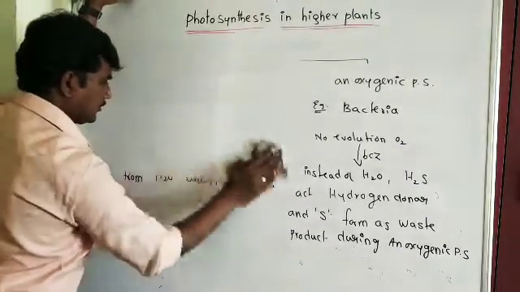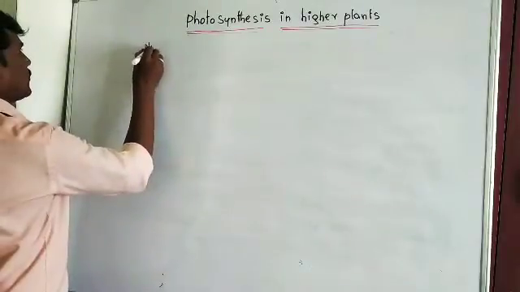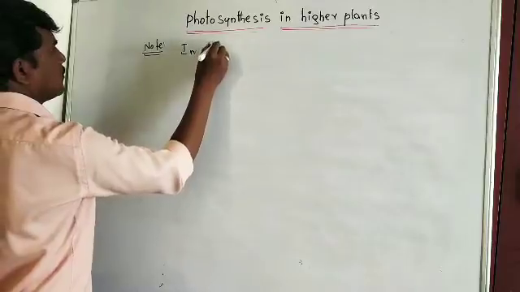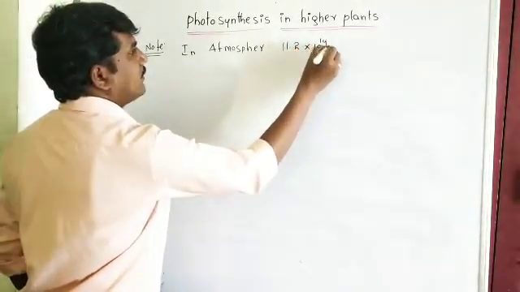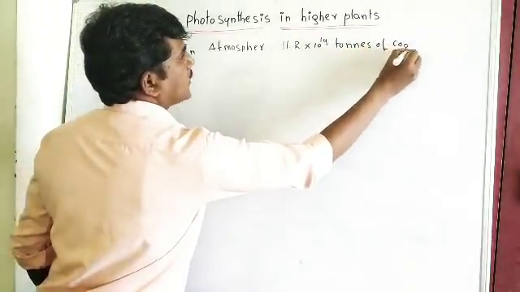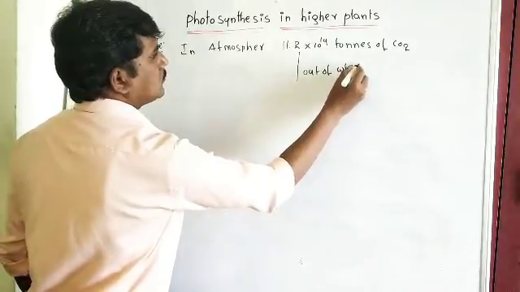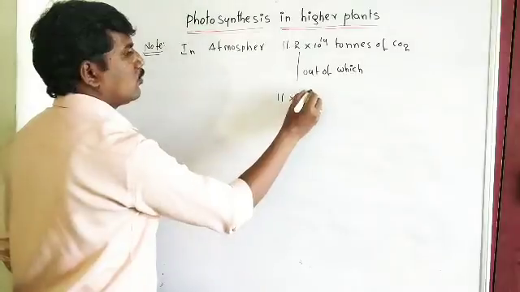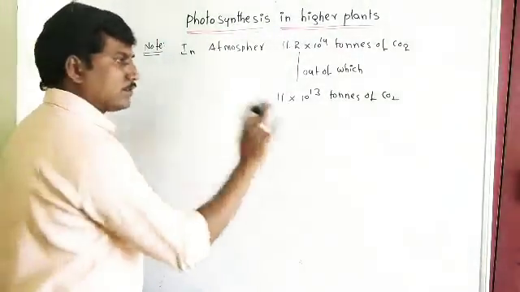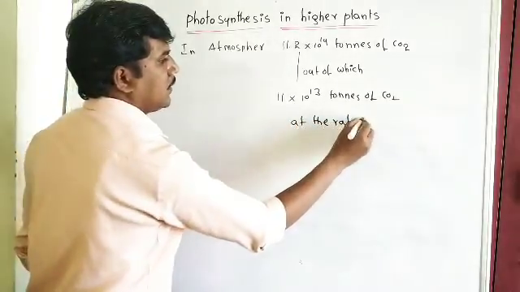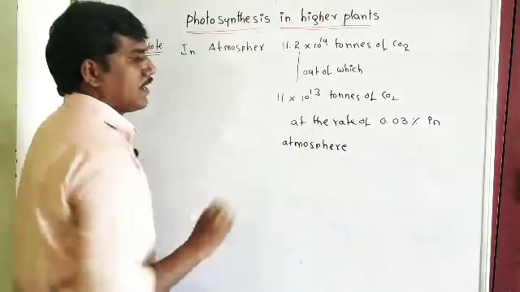Now come to the next points, very important. Better note this point. In the atmosphere, 11.2 into 10 to the power of 14 tons of carbon dioxide is available for plants to carry out photosynthesis, out of which 11 into 10 to the power of 13 tons of carbon dioxide is present at the rate of 0.03% in the atmosphere.